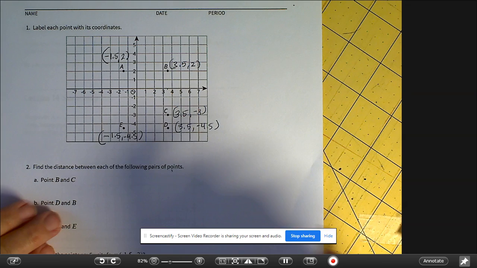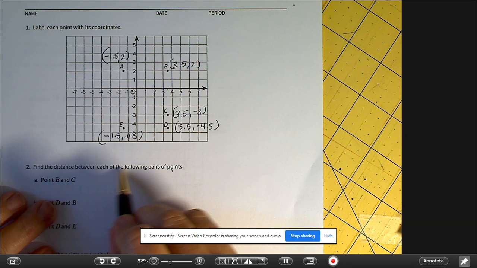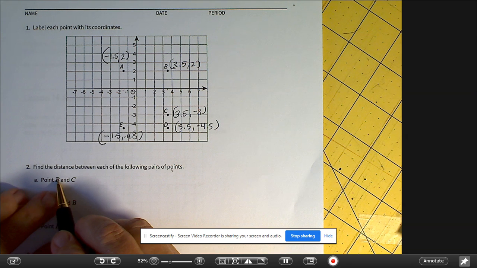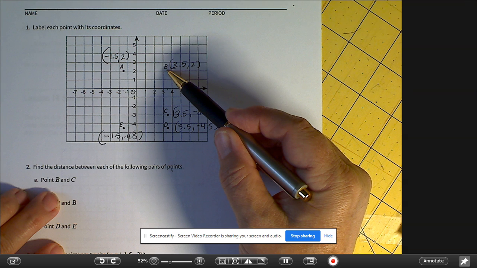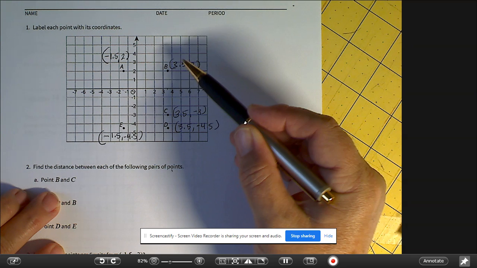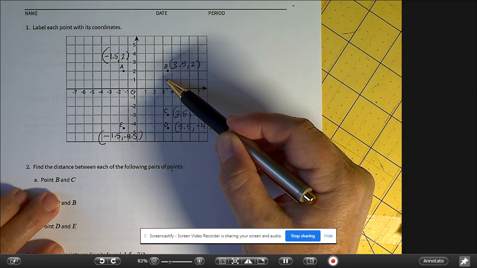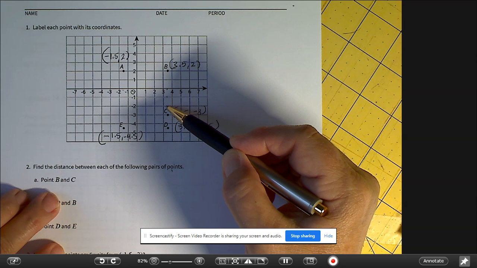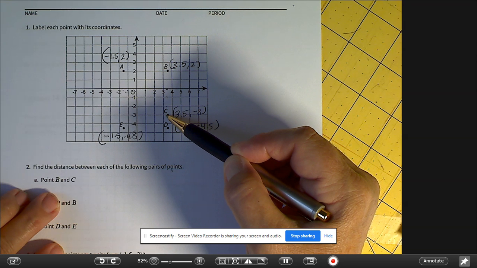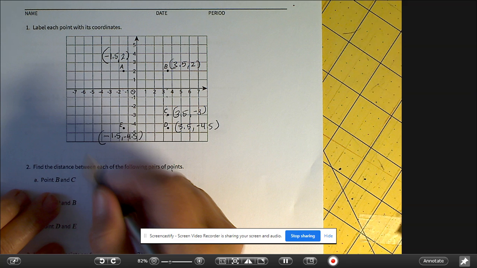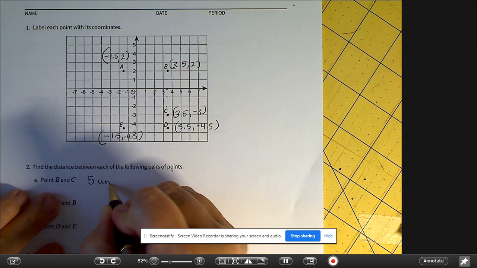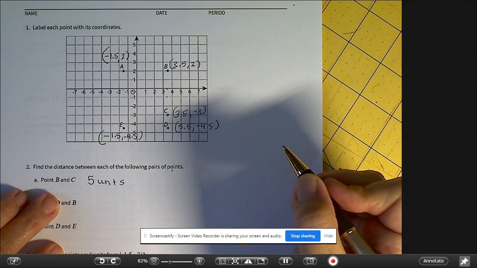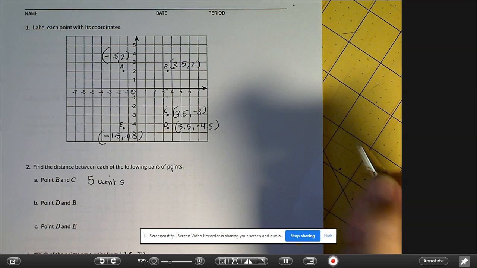Okay, so then we're looking at what is the distance between each of the following pairs. Between B and C, you're going 1, 2, 3, 4, 5. So it's 5 units. I'm just counting.